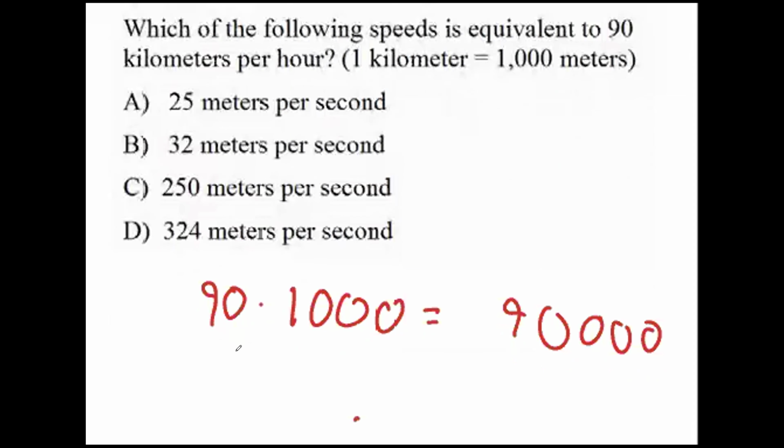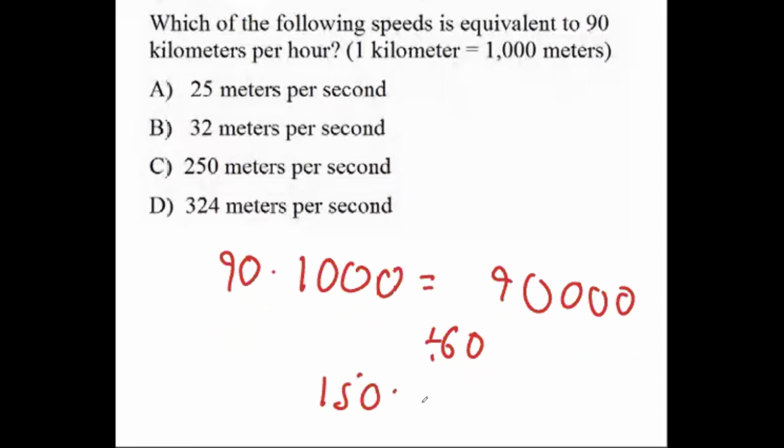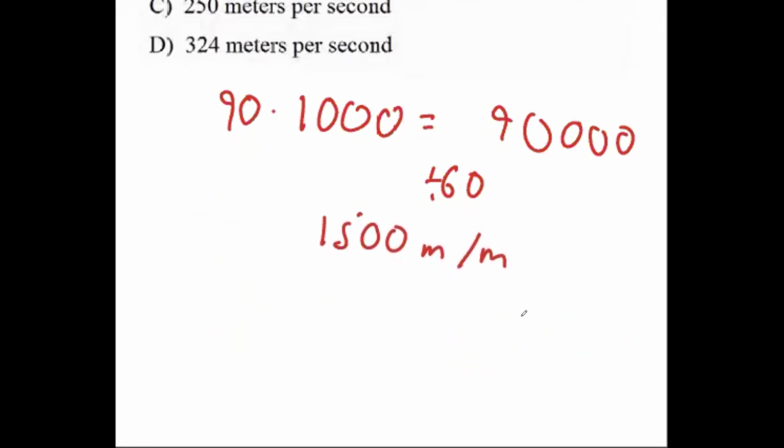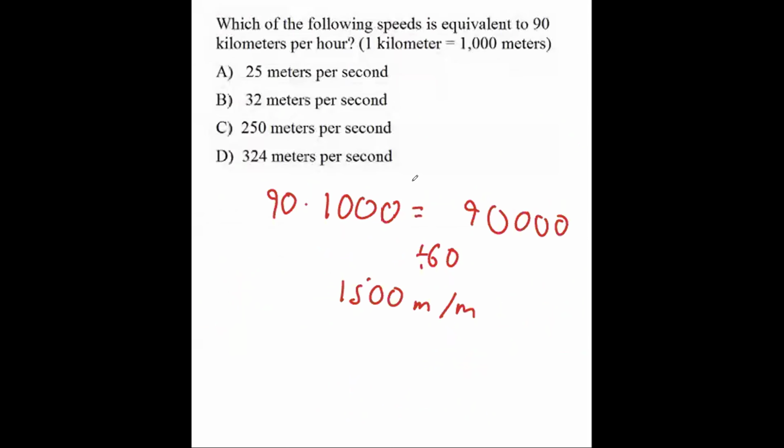So 90,000 divided by 60 gives us 1500 meters per minute. And then if we want to find meters per second, then we just have to take this 1500 and divide that by 60 again, which gives us 25 meters per second. So the correct answer is A, 25 meters per second.